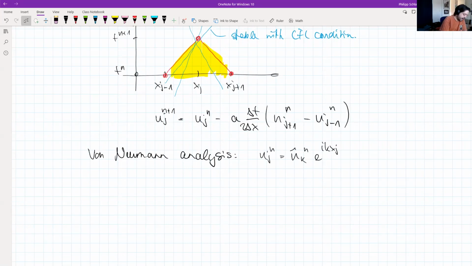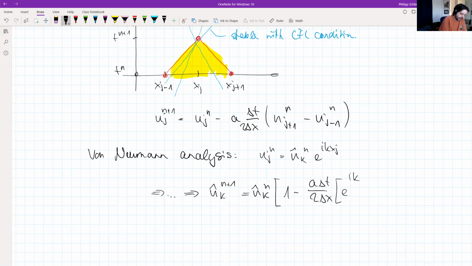What you get in the end, you can do at home, is u hat_k^(n+1) equals u hat_k^n times 1 minus a delta t divided by 2 delta x times e to the I k delta x minus e to the minus I k delta x. This is not surprising: the same prefactor, and here we get just the central difference.